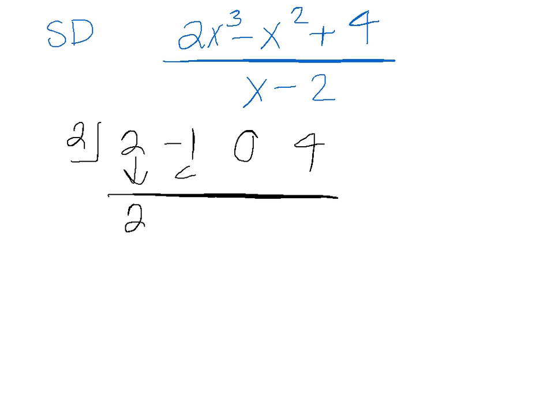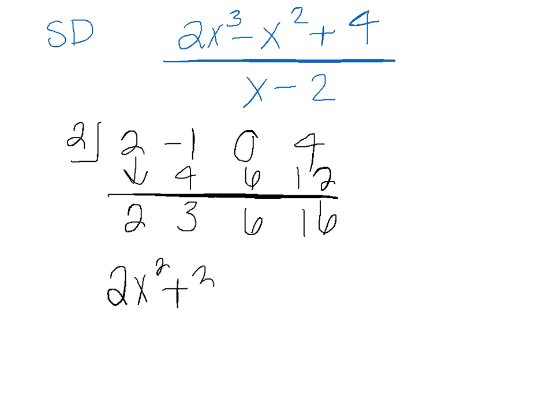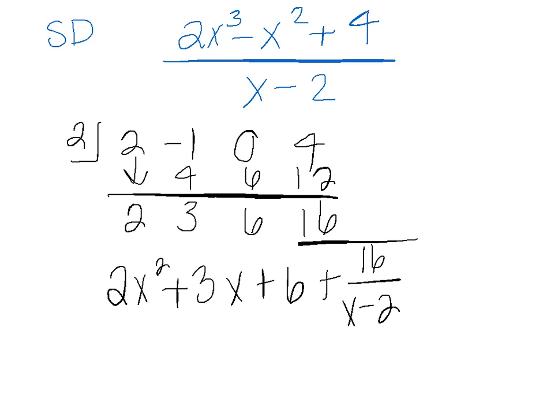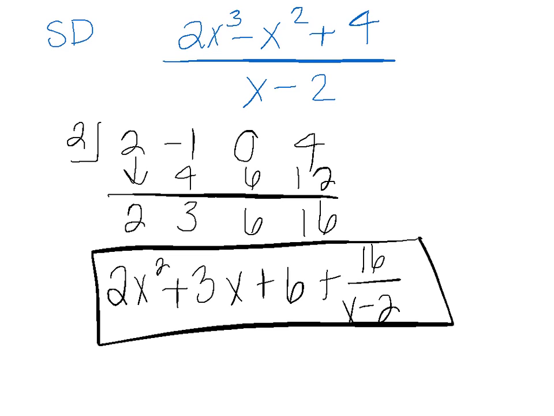So I'm going to go through and use our synthetic division here. In this case, it's okay if I don't get 0 as my remainder. So I would write this as 2x squared plus 3x plus 6. Our remainder is 16, but the other way we might see it is 16 over x minus 2.